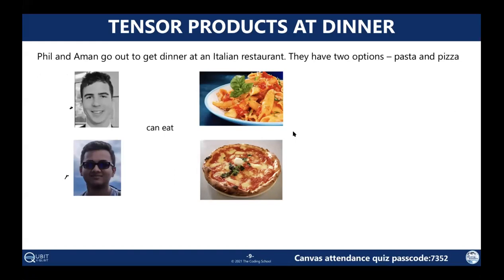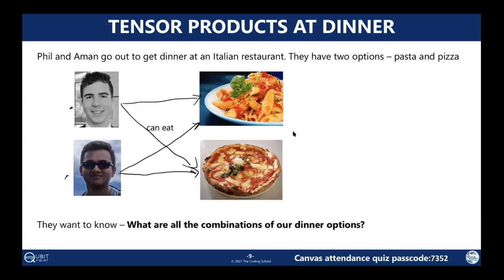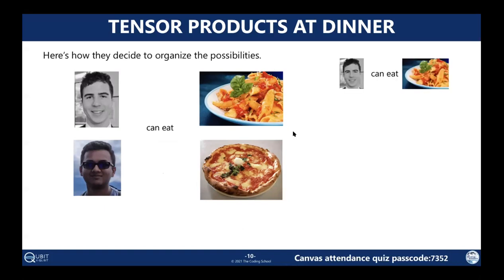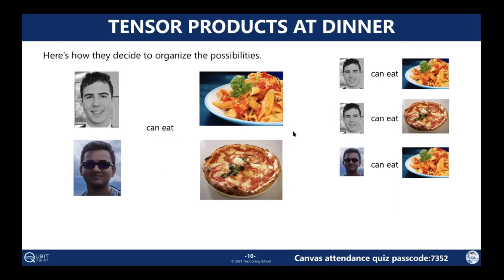We could draw a graph for what's available for each of them. So you'd say that Phil wants pasta, or Aman wants pasta, or Aman wants pizza, or Phil wants pizza. So you can see we have 4 lines drawing it across, and all these combinations can be written out with each TA choosing one of the 2 options.